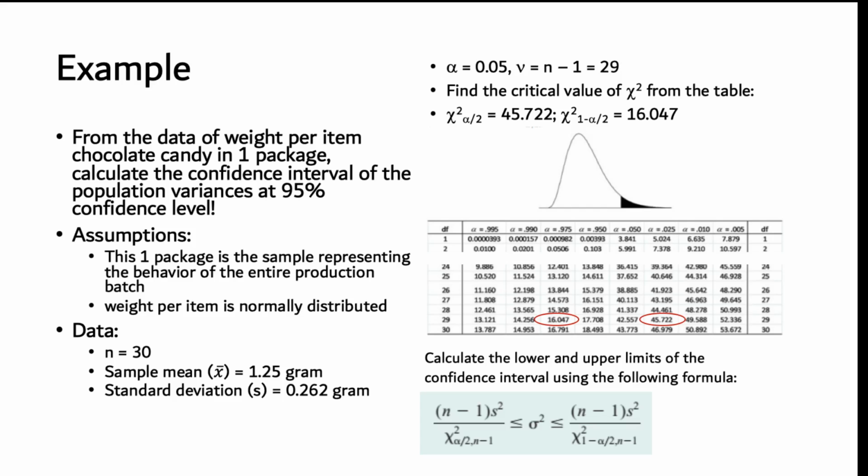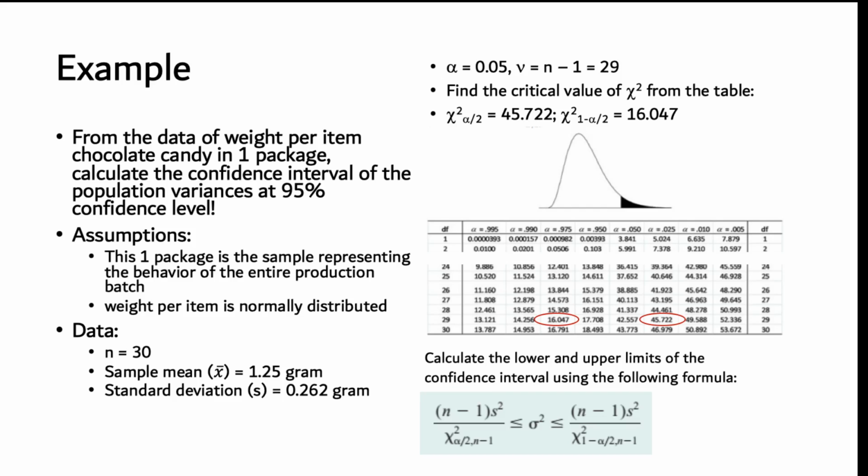Here is an example of calculating the variance confidence interval. It's easy enough for you to follow, and of course you can rewatch this video according to your needs. So I don't need to explain step by step the implementation of this calculation.